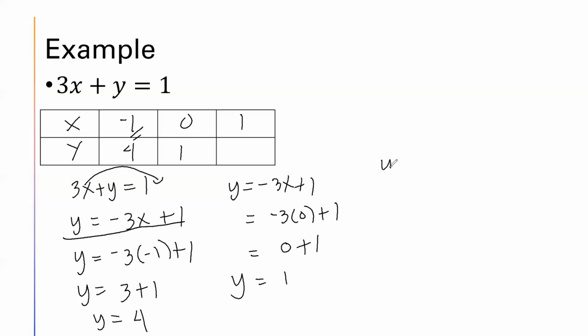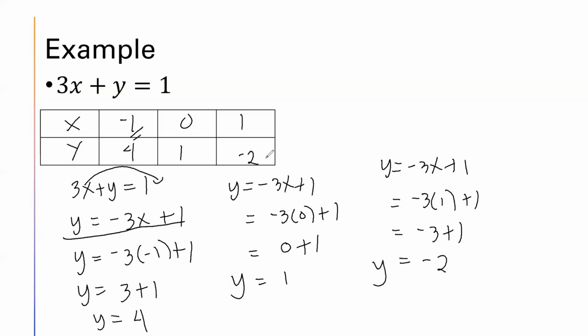Last one, y is equal to negative 3x plus 1. Y is equal to negative 3 times 1 plus 1. This is now negative 3 times 1 is negative 3 plus 1. So negative 3 plus 1 is equal to negative 2. Now, when your x is 1, your y is negative 2.